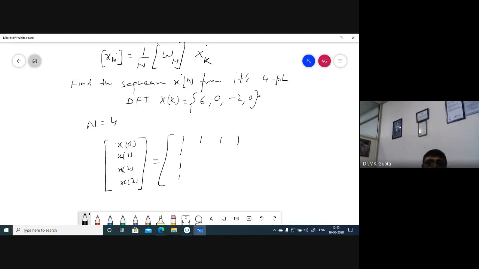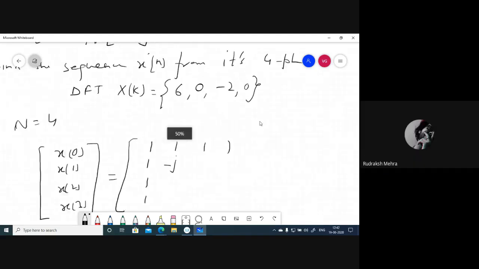What is this value? W4^1 is minus j, W4^2 is -1.